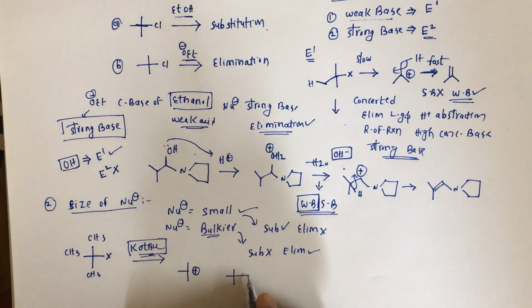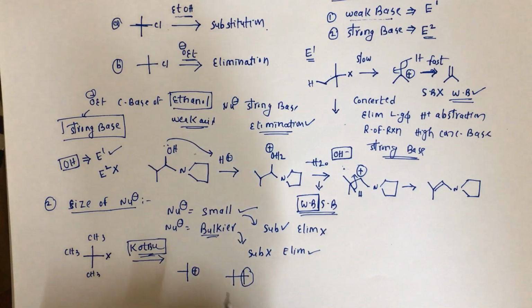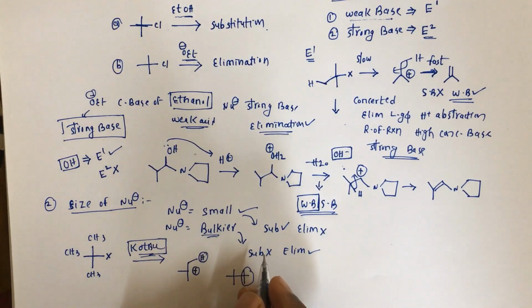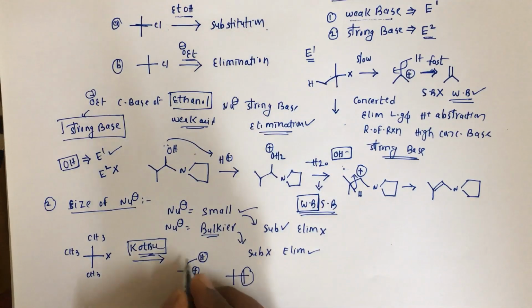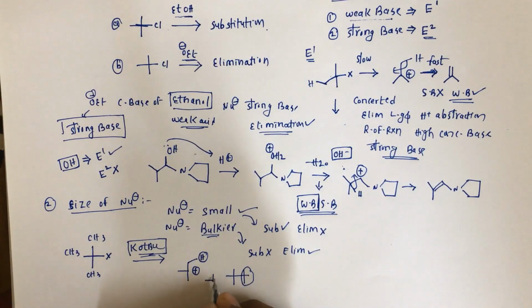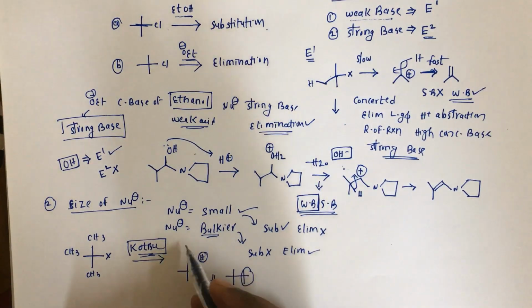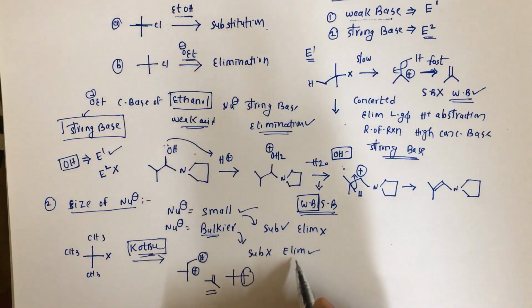Instead, it just abstracts a proton from this and eliminates as tertiary butanol, forming an alkene product. That's why when we have a bulkier nucleophile, elimination is favorable over substitution.